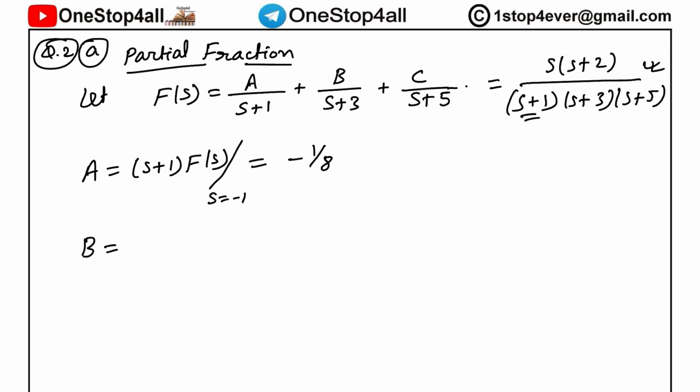Similarly, we will calculate B. B will be (s plus 3) into F(s) at s equal to minus 3. We substitute in this equation and it will be minus 3 by 4. Next, similarly, we will calculate the C value.